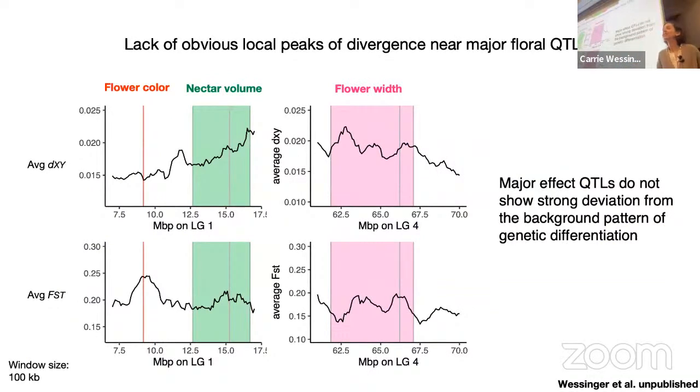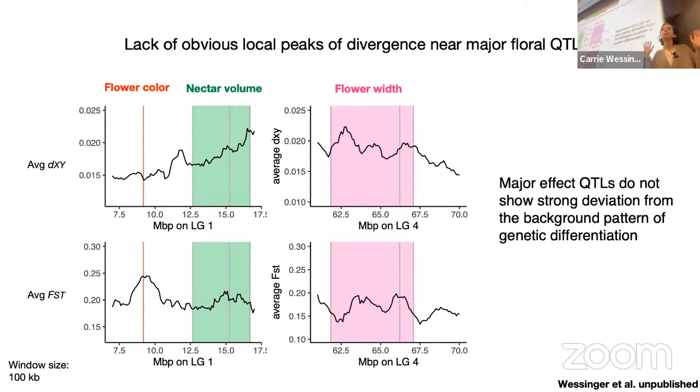What's surprising is we don't actually see local peaks of DXY or FST surrounding these outlier regions. So levels of DXY and levels of FST between the species aren't strongly elevated above the genome-wide background.